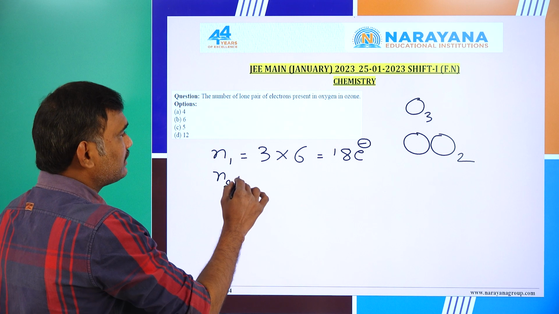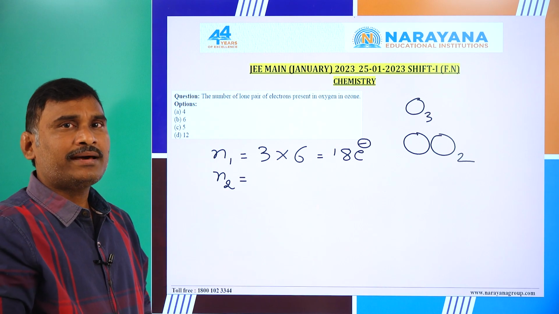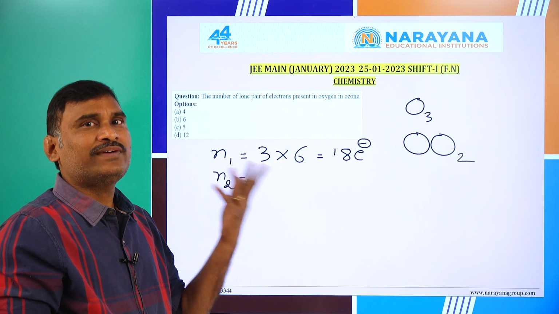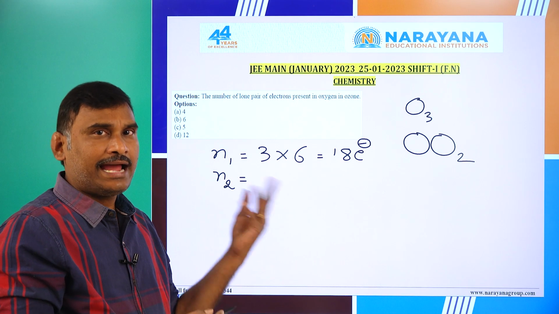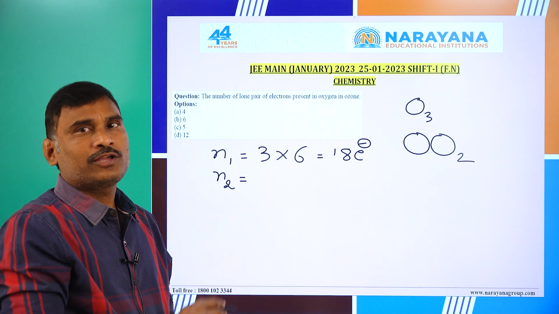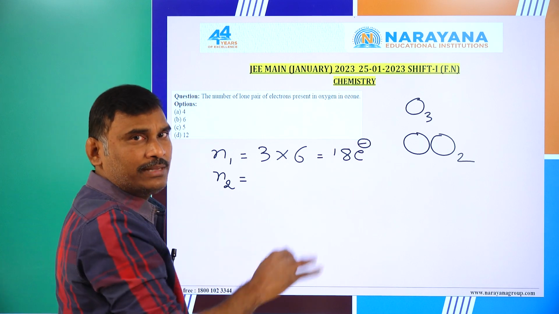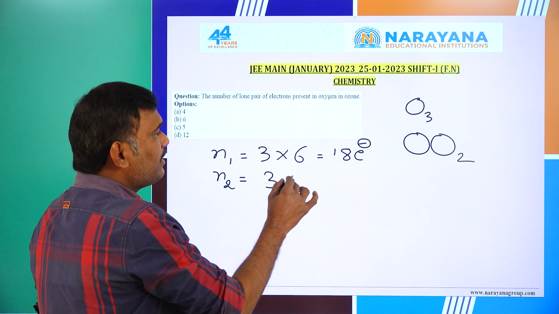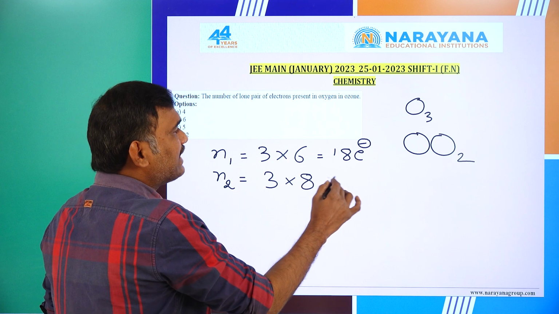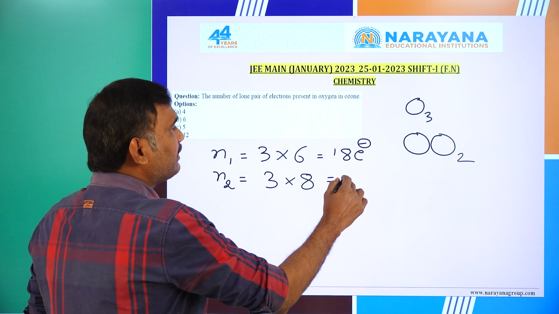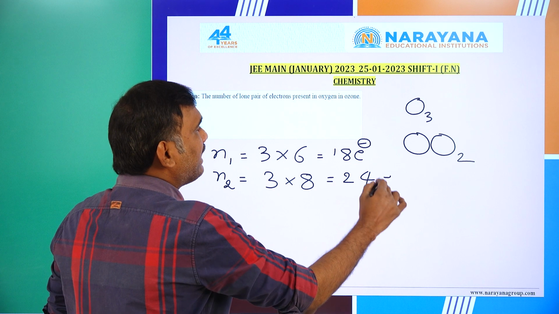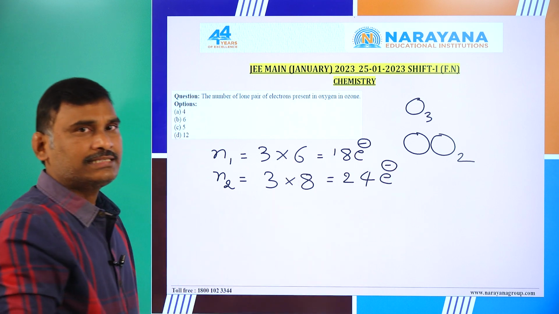N2 is the number of electrons required to satisfy octet configuration, other than hydrogen. If any hydrogen is there, you multiply with 2. That is, the number of oxygens present is 3, and if each satisfies octet configuration, the total number of electrons is 24. Yes or no?